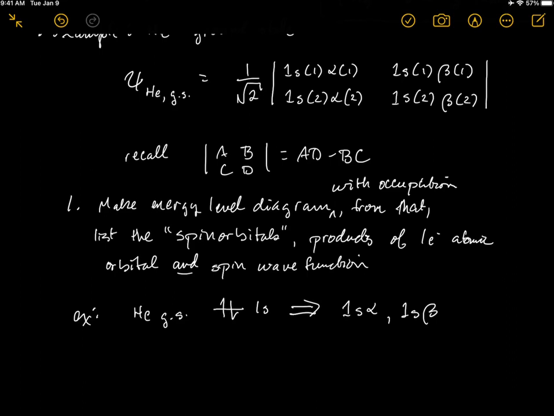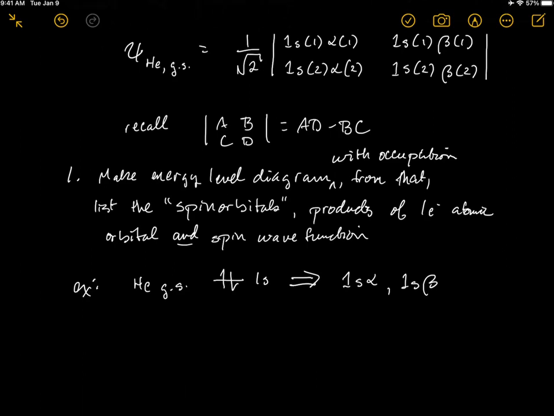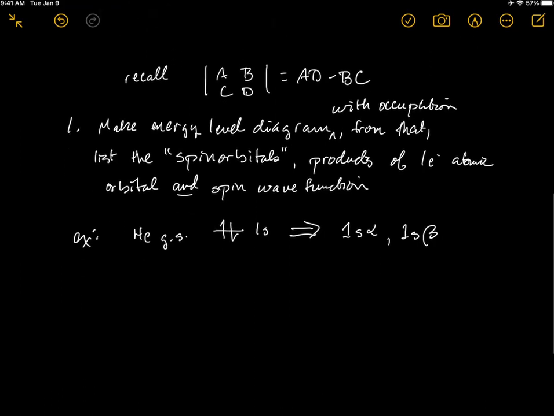Let's look at a couple more. Let's say we had a system with 2px and 2py orbitals, and say 1 electron in each of those orbitals.